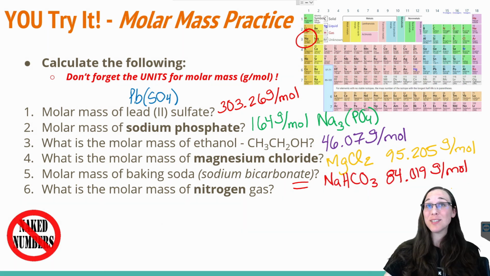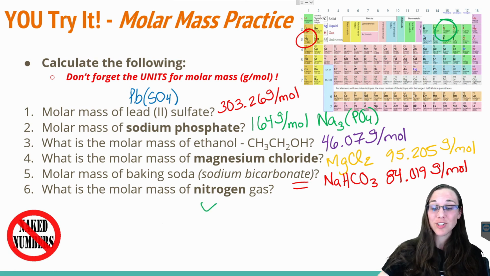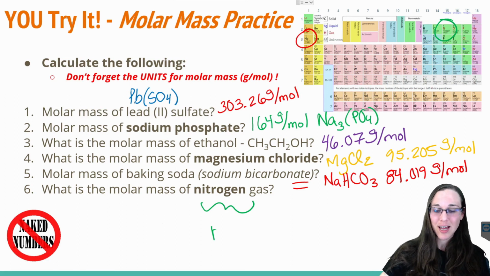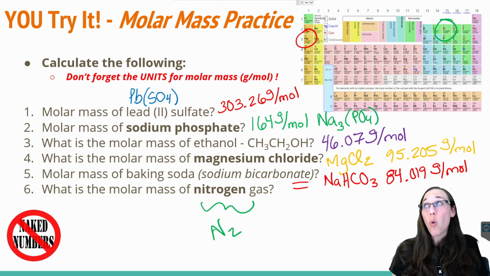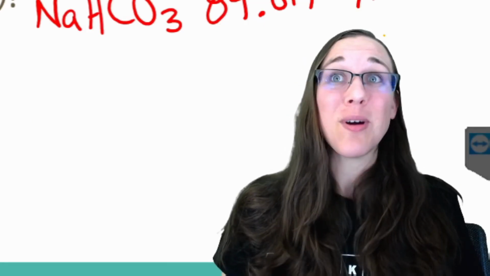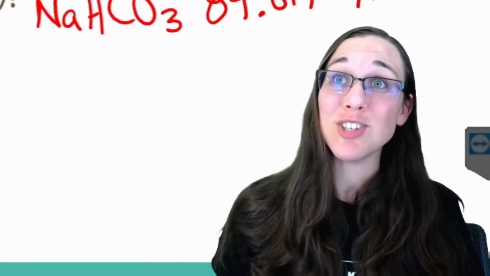And last but not least, we have nitrogen gas. Nitrogen is over here on the periodic table, weighing in at 14.007 per atom of nitrogen. Now, don't be fooled here. Nitrogen is one of those diatomic molecules, so it's going to come in pairs. Notice it didn't warn you, it didn't tell you, hey, remember to multiply by 2. It just said nitrogen gas.